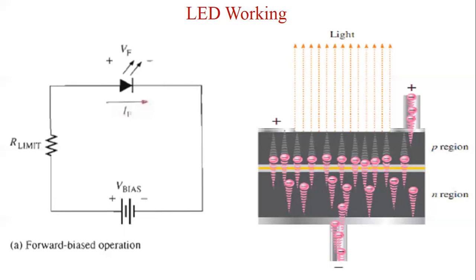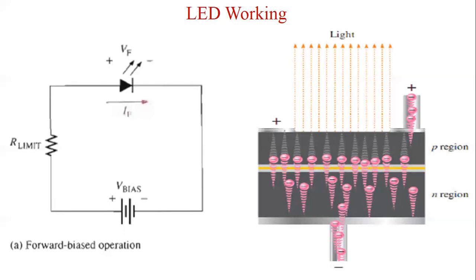That radiation is in the frequency of visible light, which we can observe, right? Red, blue, yellow, green, all those. So this is how LEDs emit light radiation.